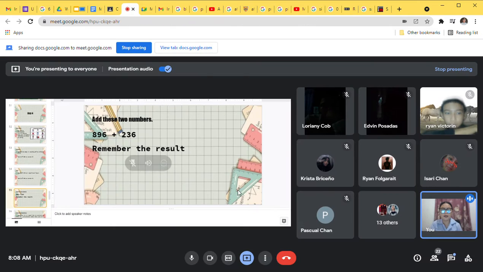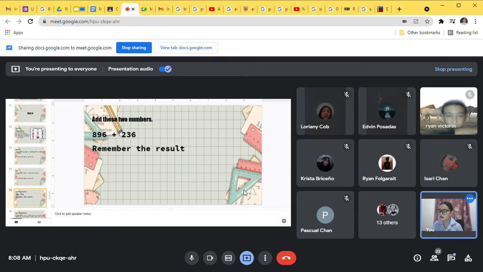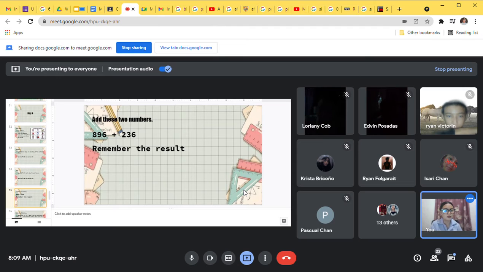Add these two numbers and remember your result. Just add them. Add those two numbers and remember your result. Why? Because we will come back to this. Add the two numbers. You can do that in your notebook, on your mind, but please remember the result.